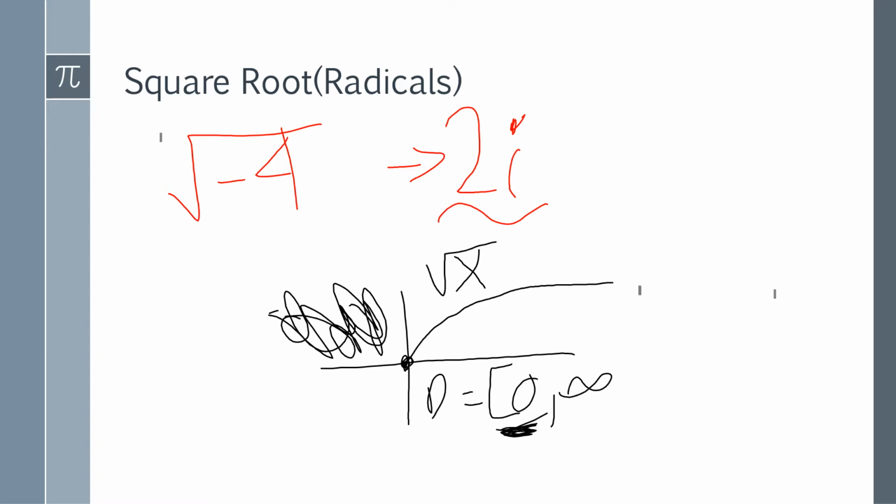Because when you think of the domain, you think of all the x values. So of course, when we solve or whatnot, we have to have all that. And that's just dealing with the radicals itself. Again, that's only for the radicals because of the basic description of the quadratic.